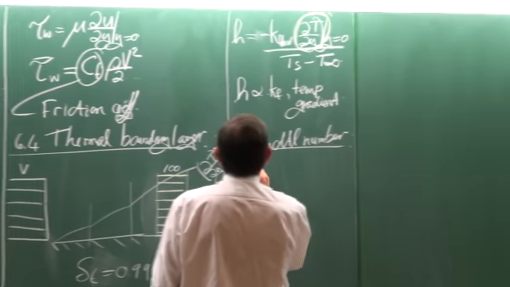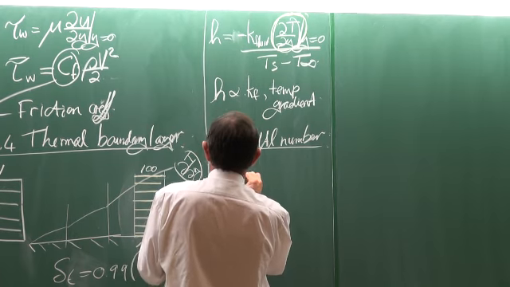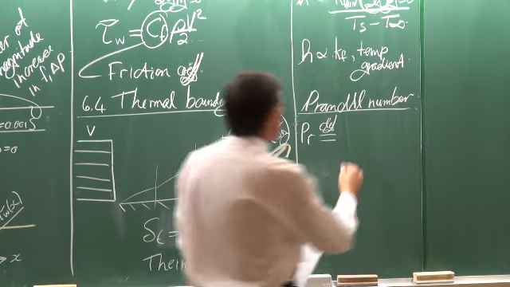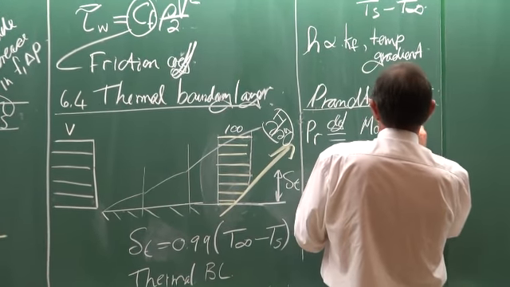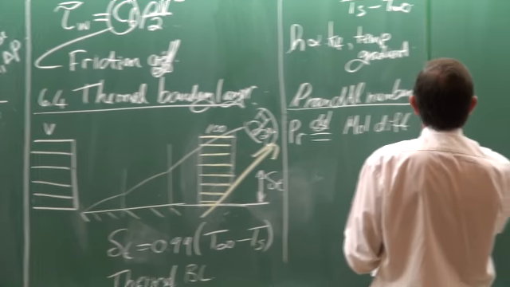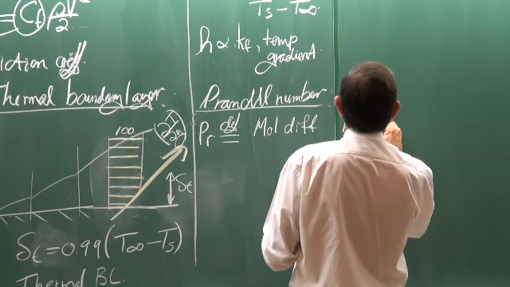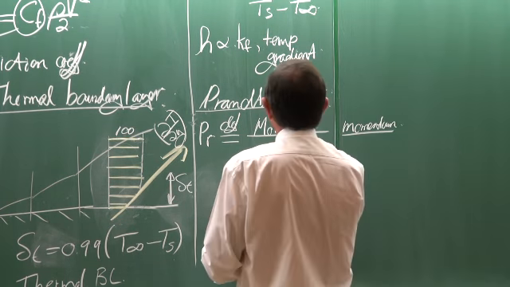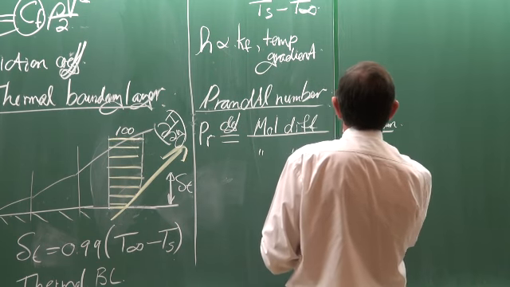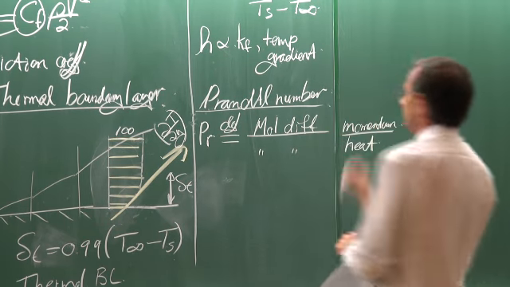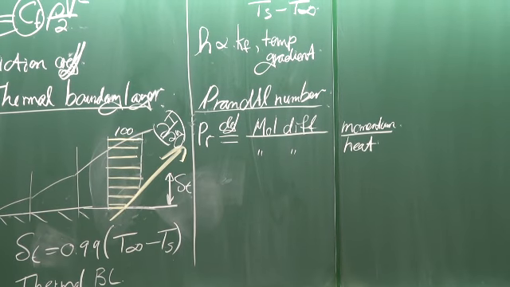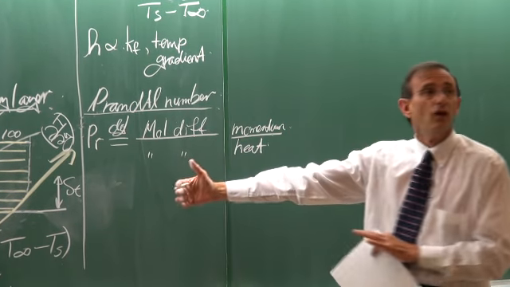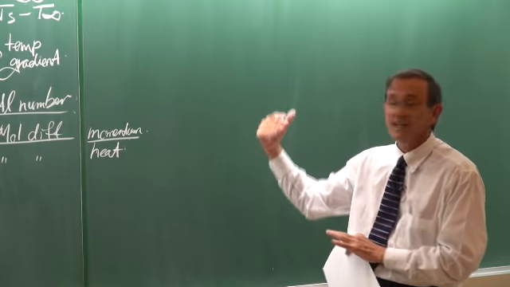The Prandtl number is named after him and is defined as the molecular diffusion of momentum divided by the molecular diffusion of heat. That is the definition.